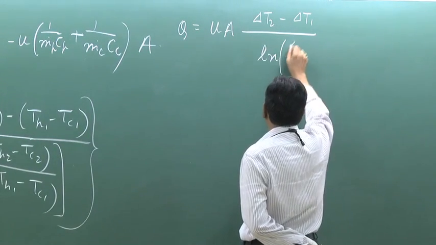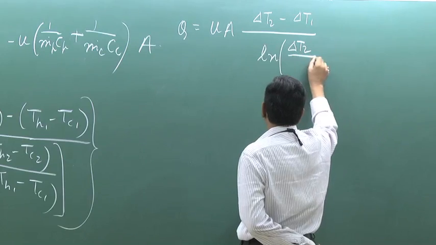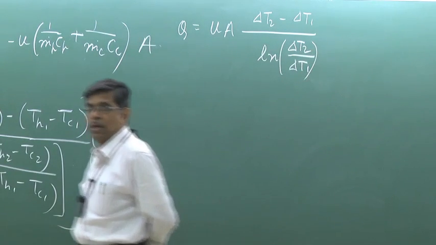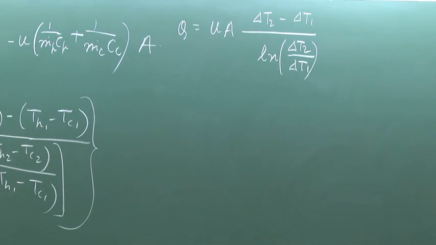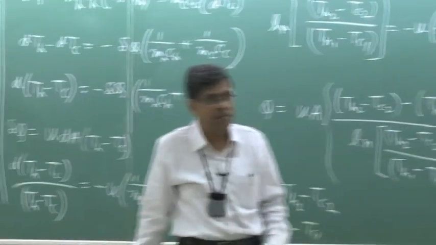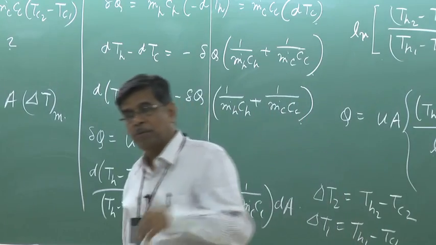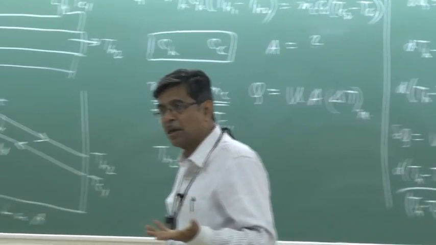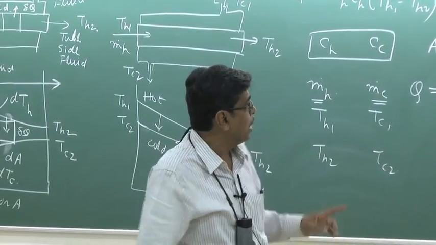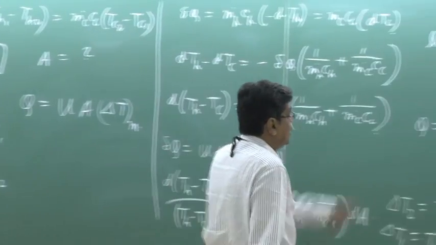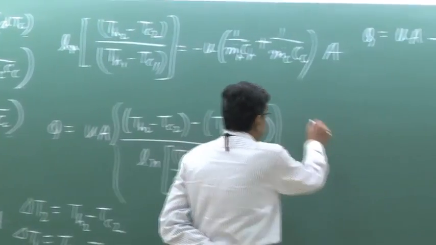It will always be positive whichever of delta T2 and delta T1 is higher or lower, because the signs will adjust. If delta T2 is more than delta T1, both numerator and denominator will be positive, and if it is the other way, both are negative.